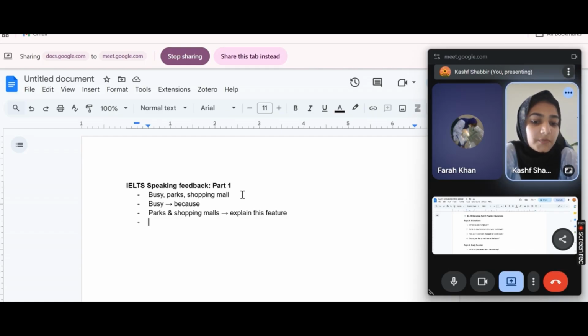Okay, very good. You picked one point, you explained it. Now just a very small feedback: you mentioned about your hometown that people are very helping. I highly appreciate that you used the word hospitality, good use of vocabulary. You can also use the phrase community spirited, like my neighborhood is very community spirited.